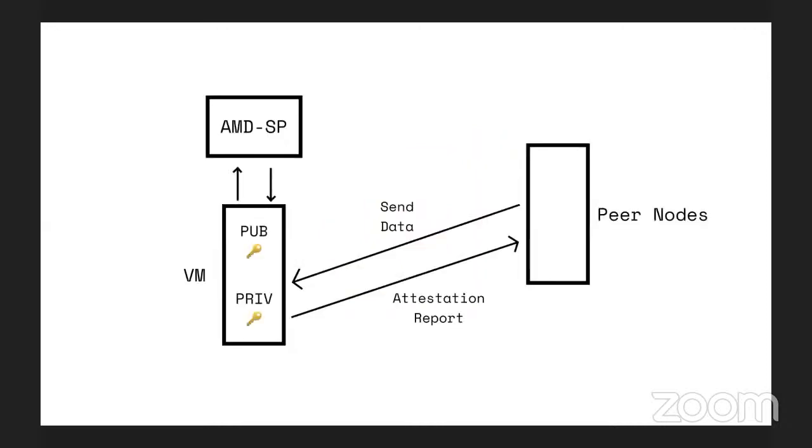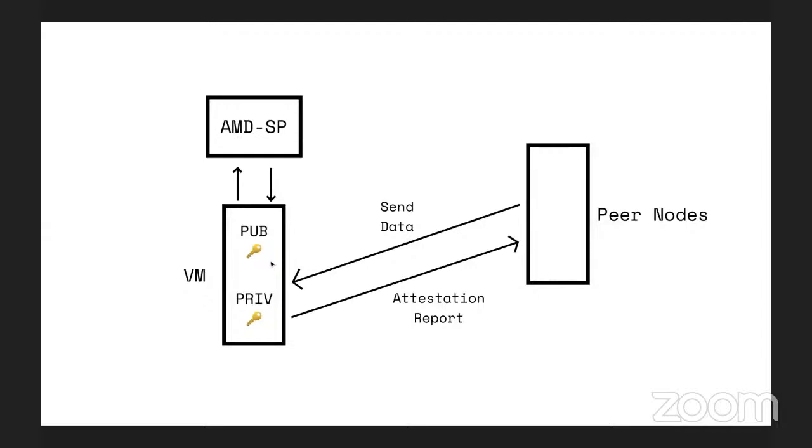So here's a quick diagram that, if you've read the SEV-SNP white paper, would look quite similar to the diagram you've seen in there. The VM itself has a public and private key. It sends a hash of its public key to the secure processor within the AMD CPU and gets back its attestation report.